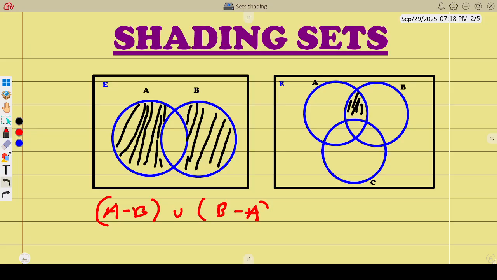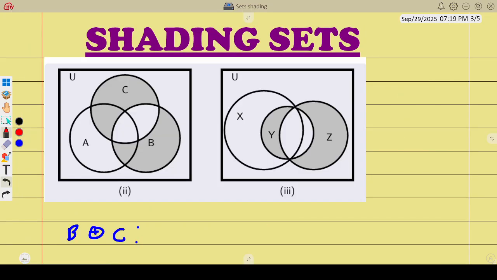So this is B minus A. This is correct, or you can also write it as A plus B. A very good way of doing this is to write both, they'll mark you, or just write one. So this is A plus B.